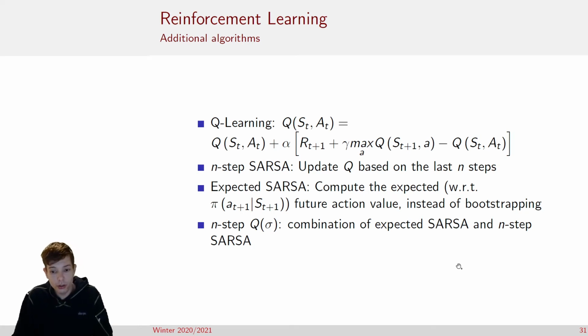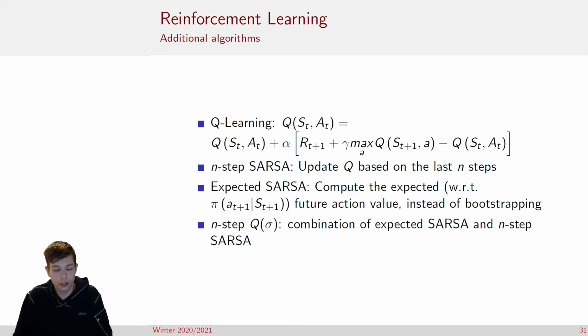And we can mix those with the n-step Q sigma algorithm, where we have an alternating combination of n-step SARSA and expected SARSA. So we have an expectation step where we update with this expected SARSA rule, and we have an n-step, or at least one-step in most of the cases, SARSA, where we update just according to the regular SARSA approach.